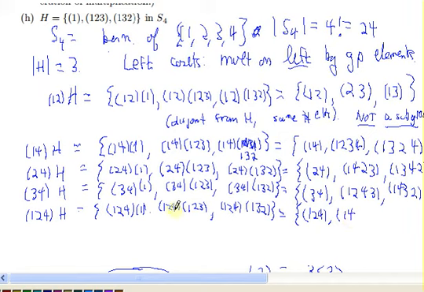And 4 goes to 1, so this closes. 2 goes to 3. 3 goes to 2, so I get this one. Okay. Next one, a little bit surprising here, but that's what happens. I multiply a 3 cycle by this other 3 cycle, I get two 2 cycles. Here I get 1 goes to 3. And you can work out that this gives you (1 3 2 4).